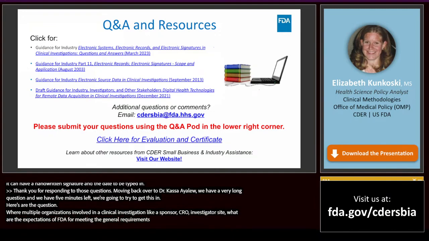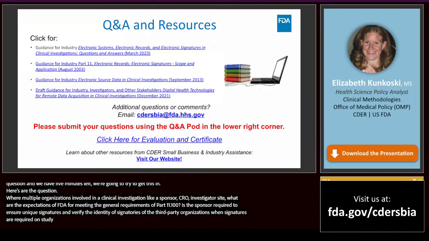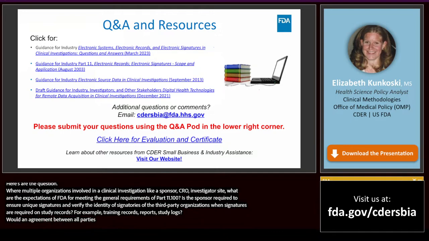Is the sponsor required to ensure unique signatures and verify the identity of signatories of the third-party organizations when signatures are required on study records, for example, training records, reports, study logs? Would an agreement between all parties stating that they will ensure Part 11.100 requirements are met within their organization be acceptable?